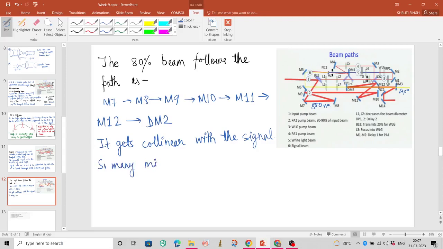So many mirrors to assure the alignment.